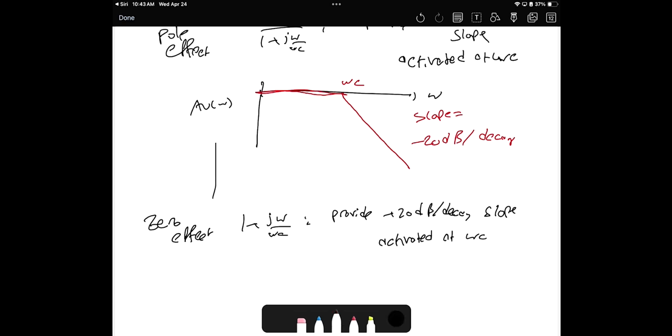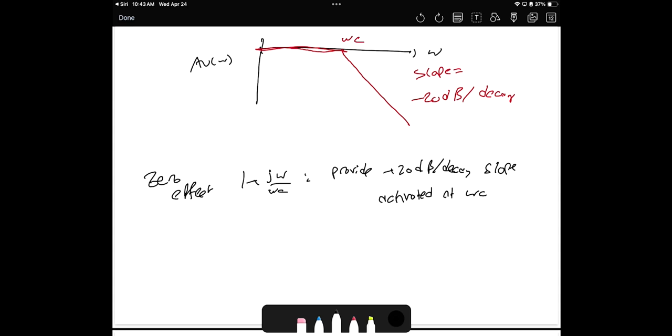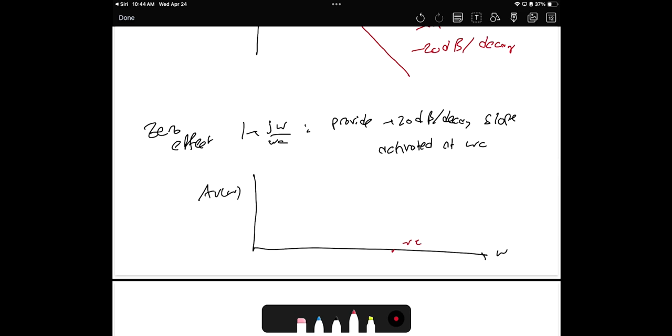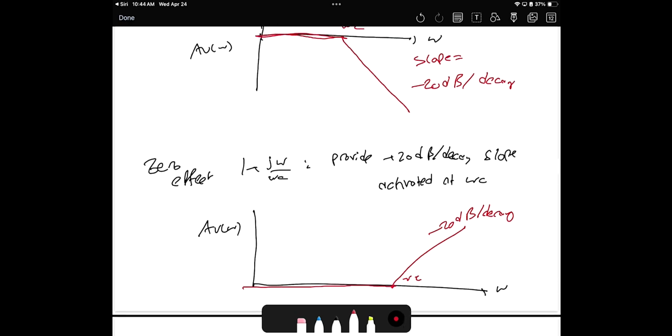So here is omega, and here is omega c. It will be 0 before omega c. After that, it will be activated at 20 dB. So when you have a zero, it will make the slope positive, plus 20. A pole will make it negative, but this will be activated at omega c, the critical frequency. That's the overall.